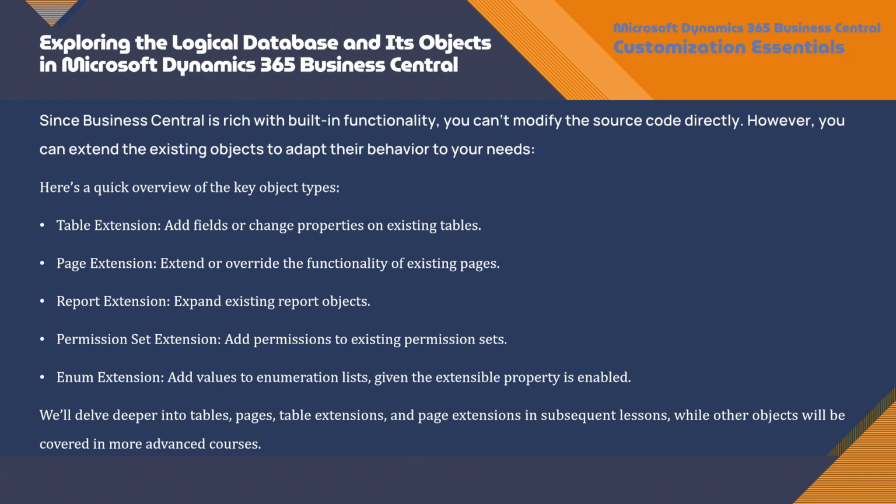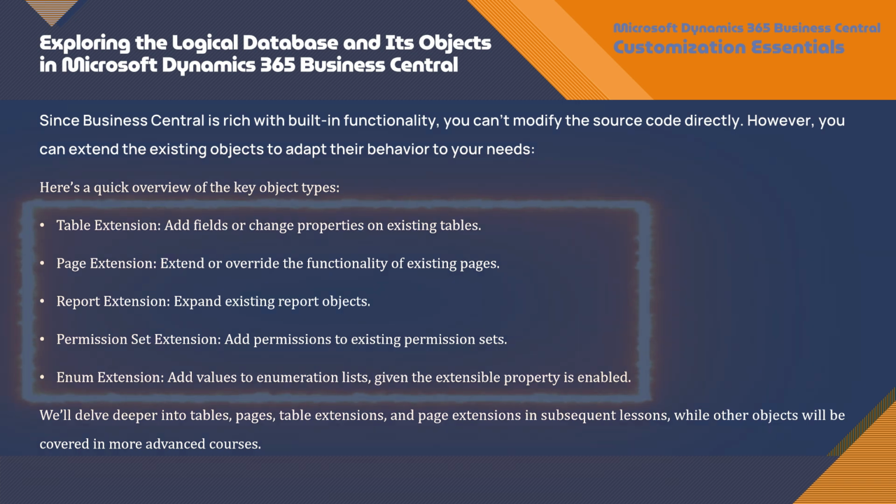Since Business Central is rich with built-in functionality, you can't modify the source code directly. However, you can extend the existing objects to adapt their behavior to your needs. Table extension: add fields or change properties on existing tables. Page extension: extend or override the functionality of existing pages.